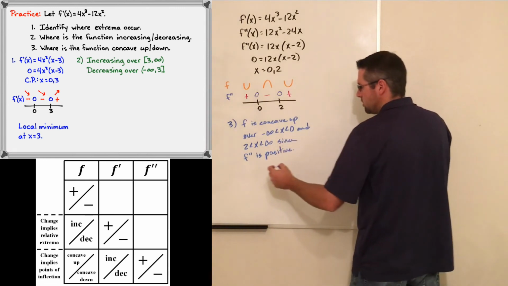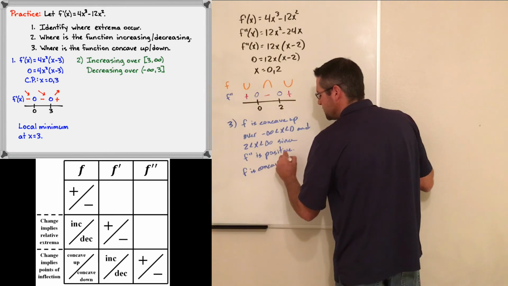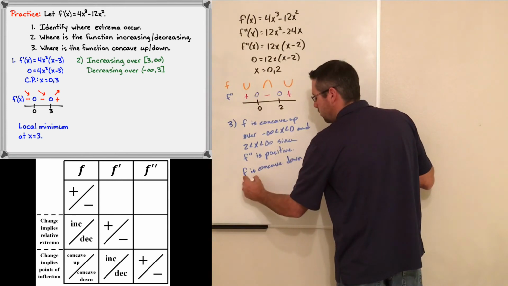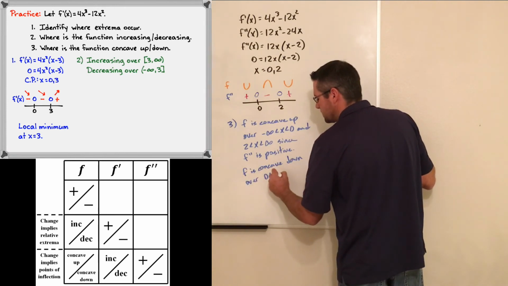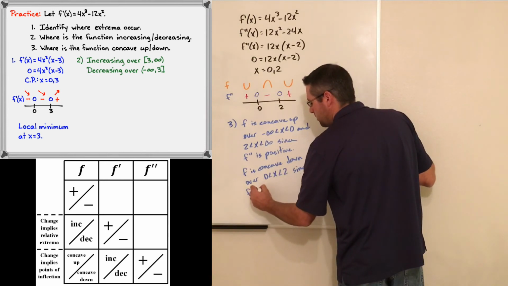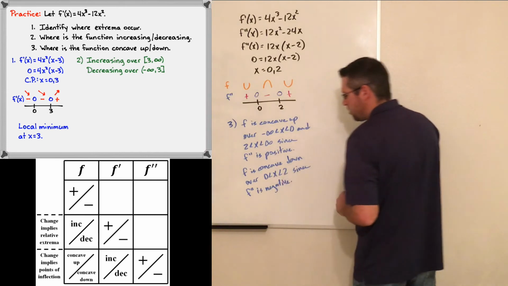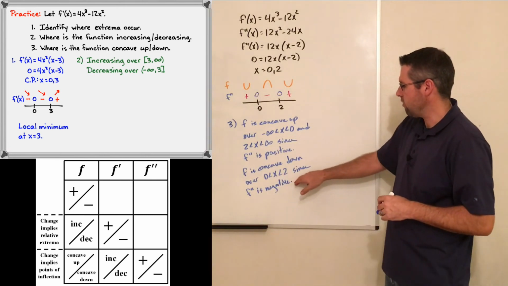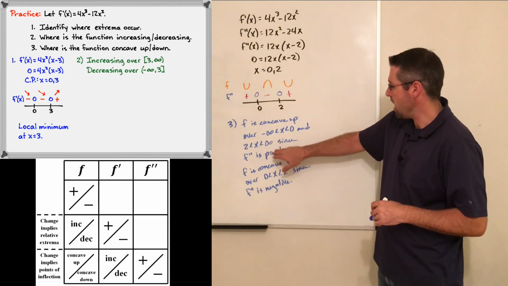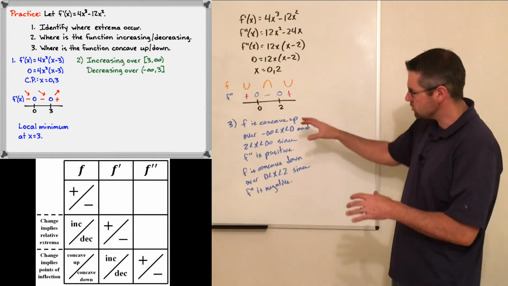And then we can also conclude that f is concave down over the interval 0 is less than x is less than 2, since f double prime is negative. And I should probably add to that, negative over this interval, positive over these intervals. So that answers question number 3.